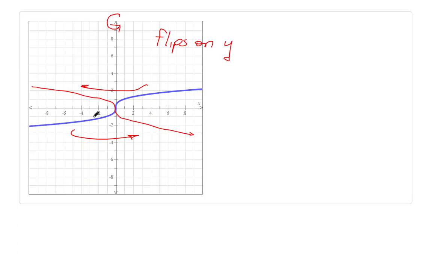The one in blue is f of x is the cube root of x. The flipped one, so you see this part here, when I flip it around the y-axis, is going to look like this. And this part that's over here, when it flips, comes this way. And this is f of x is the cube root of minus x.